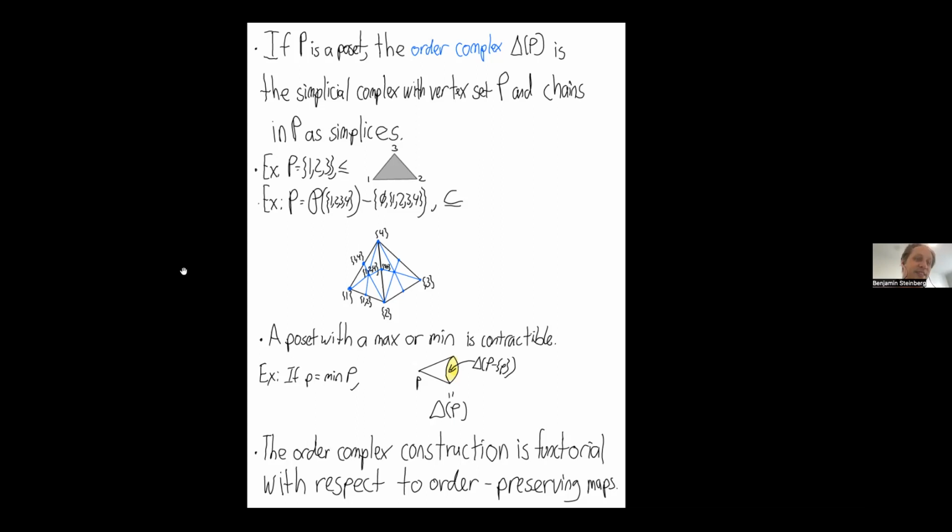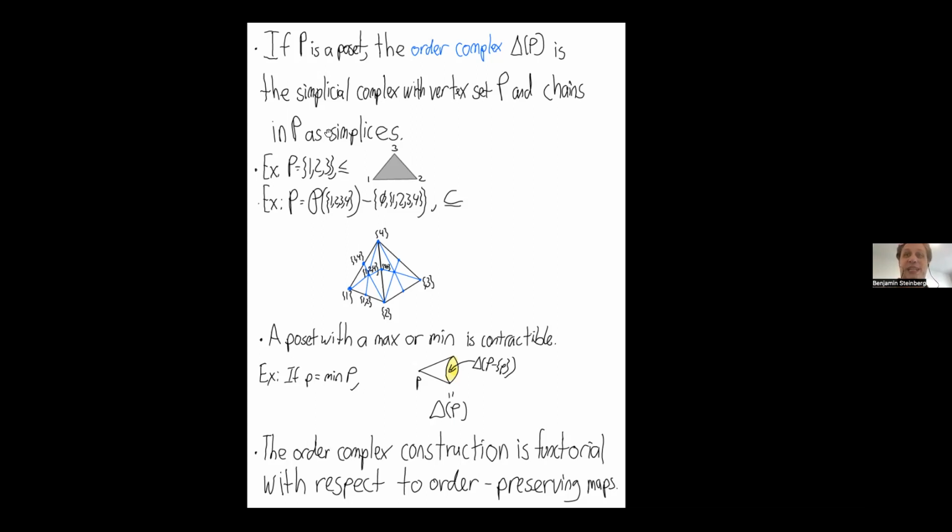Okay, so if you have a poset P, the order complex of P is the simplicial complex you get by just taking the poset P as your vertex set, and you choose the chains to be the simplices.